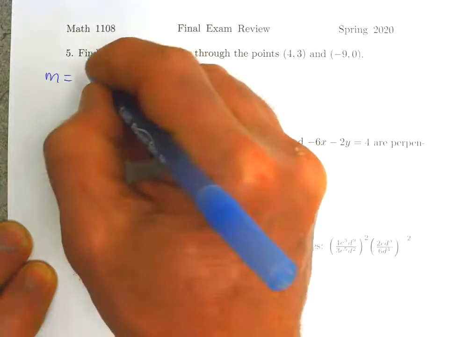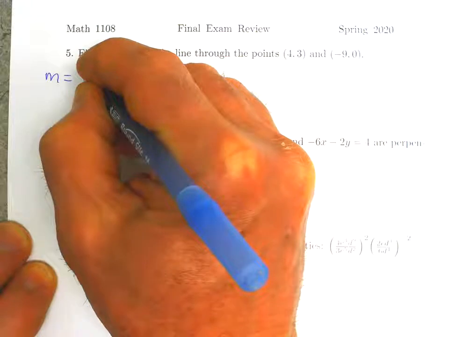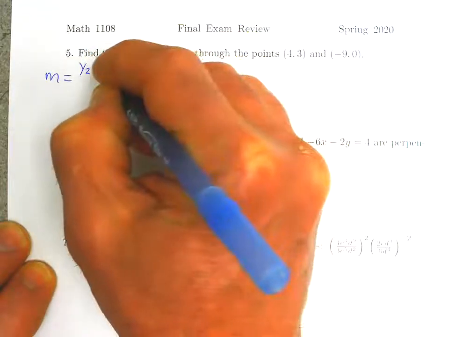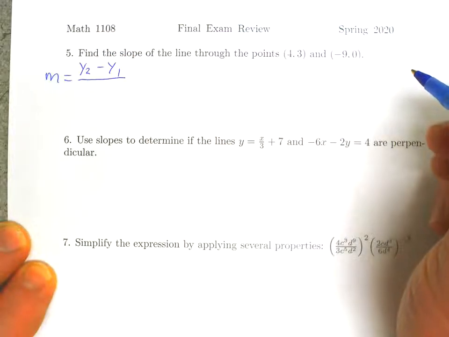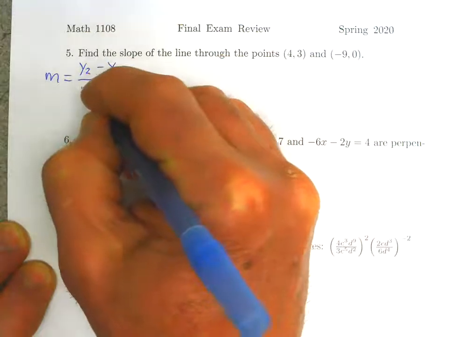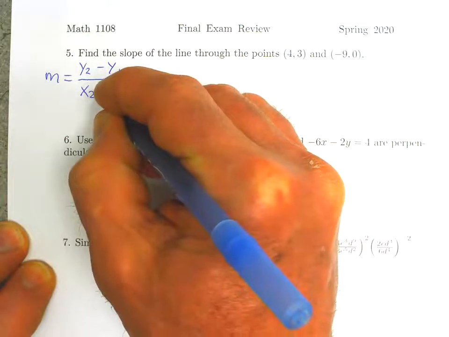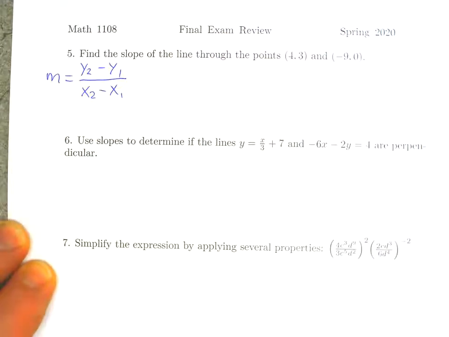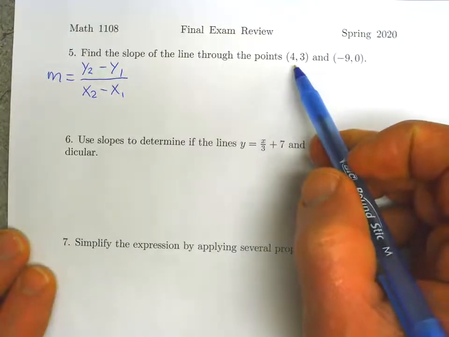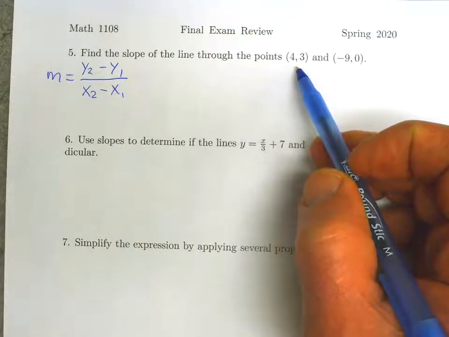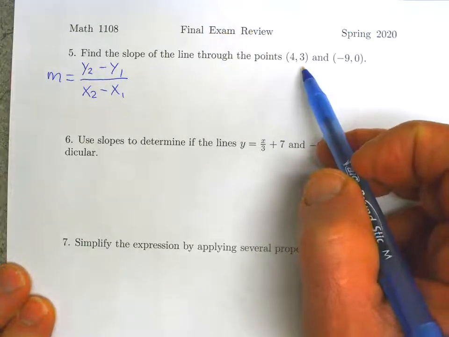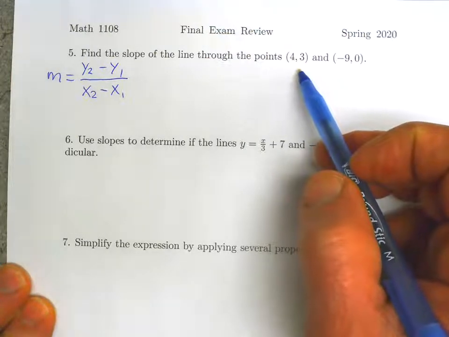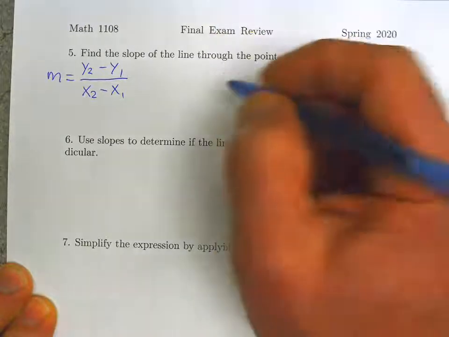If you have two different points, (x1, y1) and (x2, y2), the slope of the line that passes through those points is y2 minus y1 in the numerator, divided by x2 minus x1. Okay, so we can assign (x1, y1) to be either of those 2 points. It doesn't matter. And then just pick the other one to be (x2, y2).